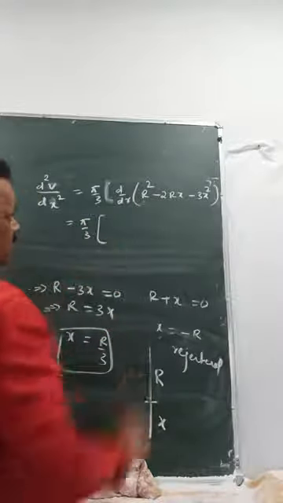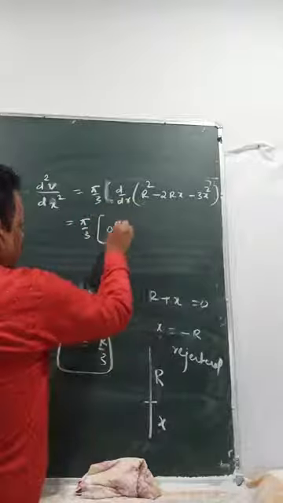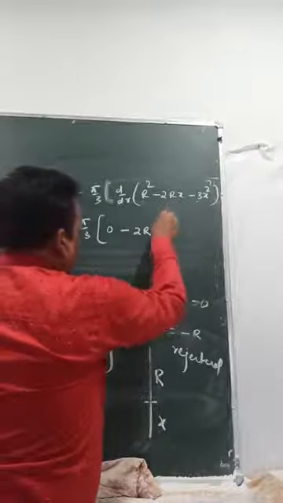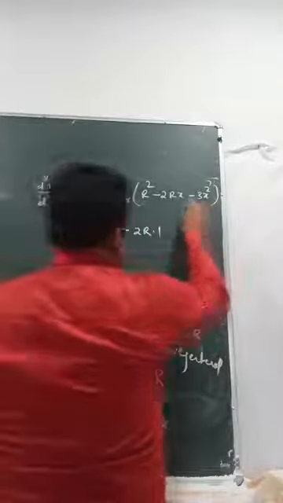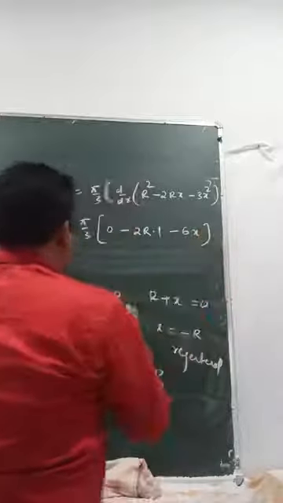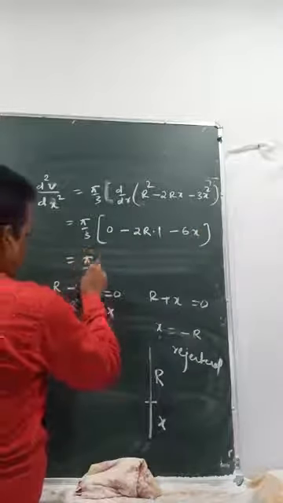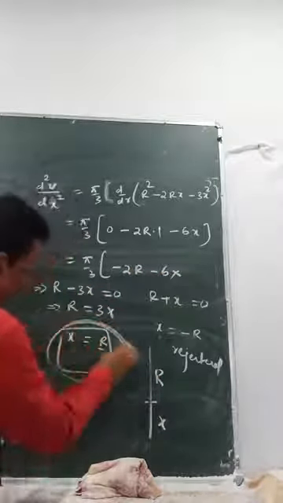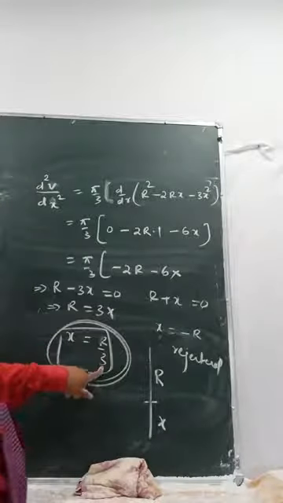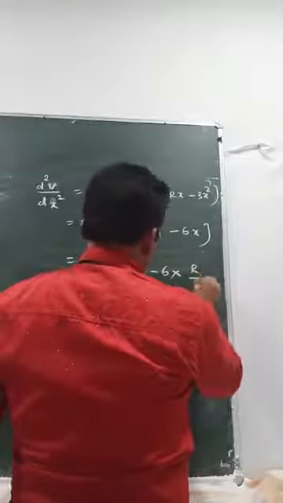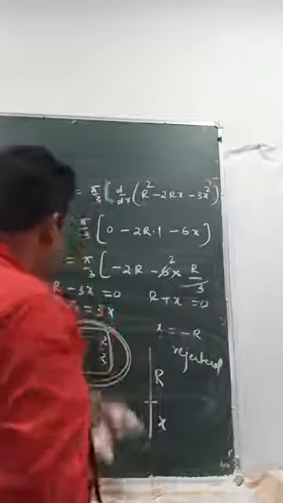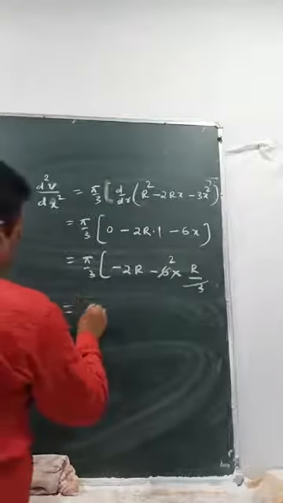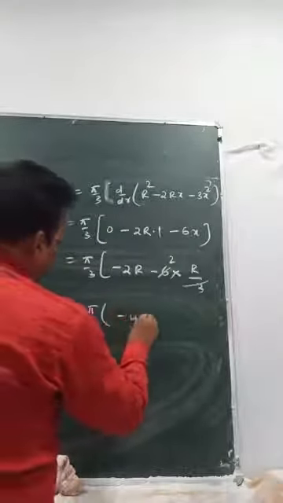This is constant, look, r is given constant, its value is 0. 2r is constant, x's derivative is 1. This is minus 6x. So pi by 3 into minus 2r minus 6 into, look at here, what is the value of x? r by 3. So r by 3 put here. This cancel 2. Okay, then that is pi by 3 into minus 4r.